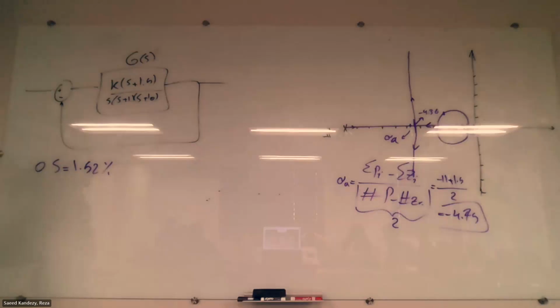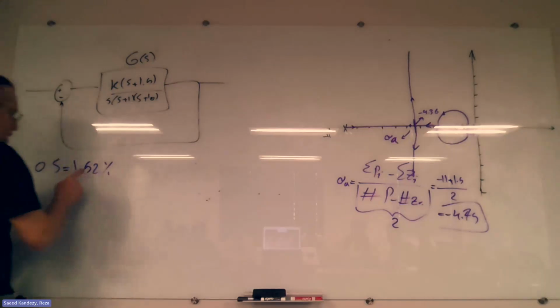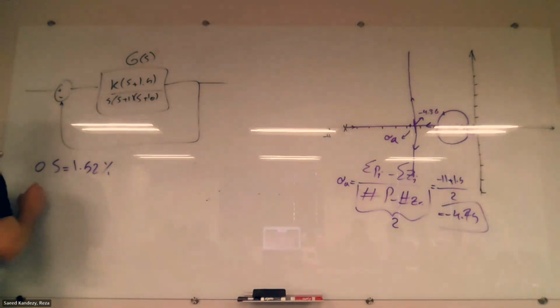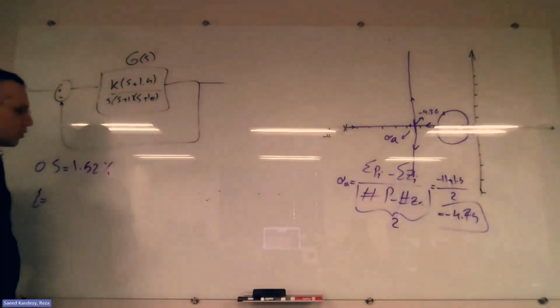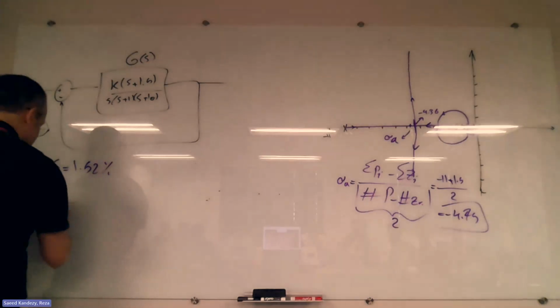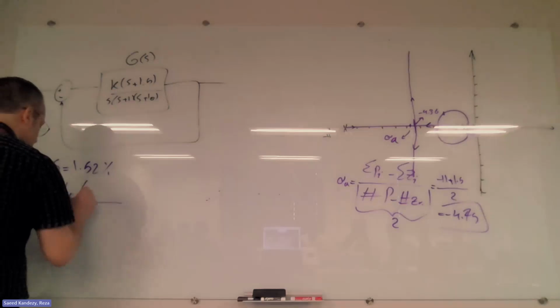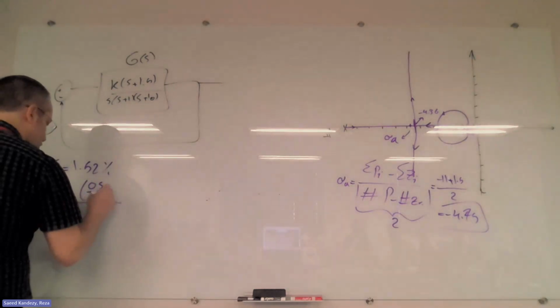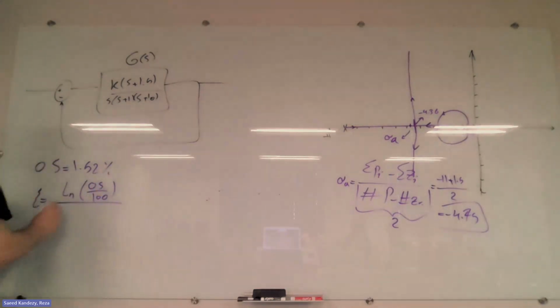Now, you can go over the derivation for the second order differential equation and find out that if we have a certain overshoot, your psi could be calculated from the overshoot. The formula for calculating the psi based on the overshoot is a little bit tricky, but you need to go over the derivation to find out this function.